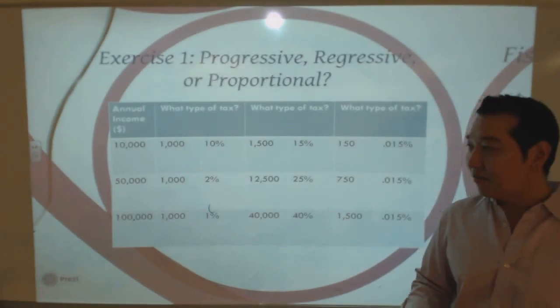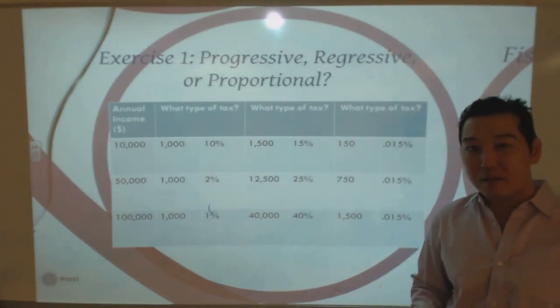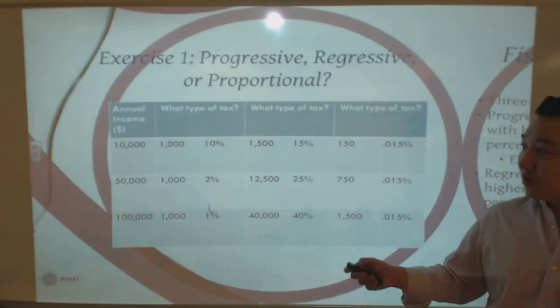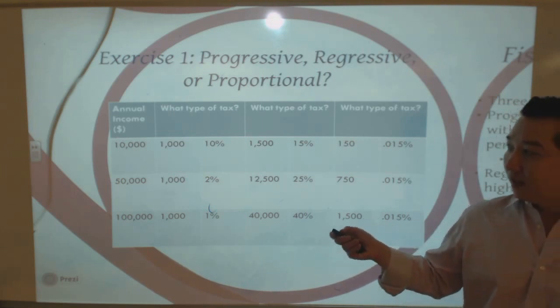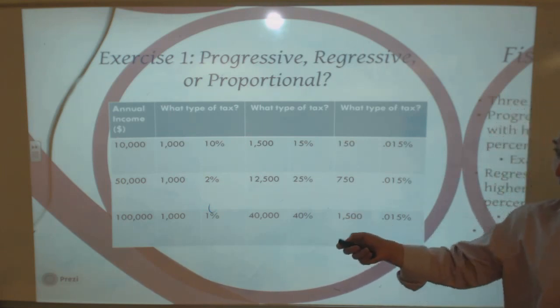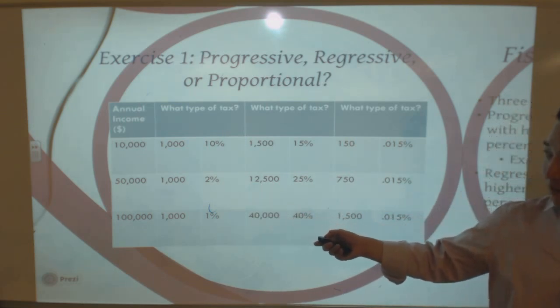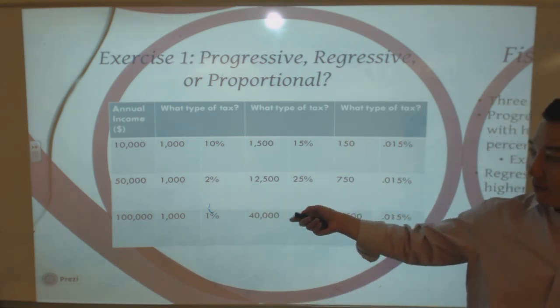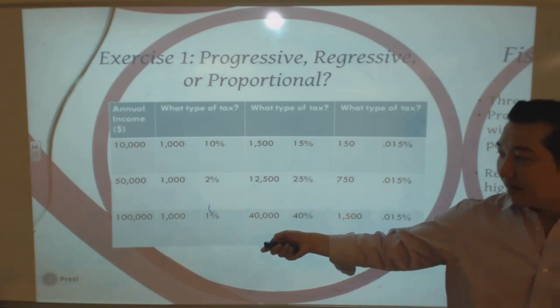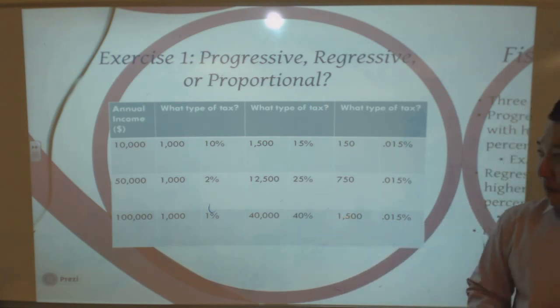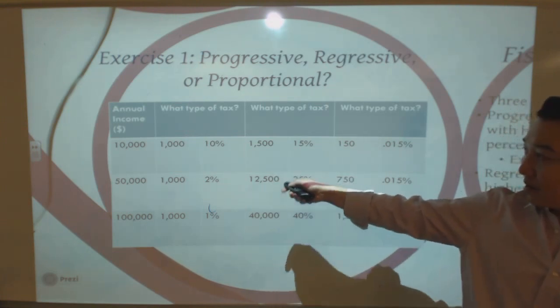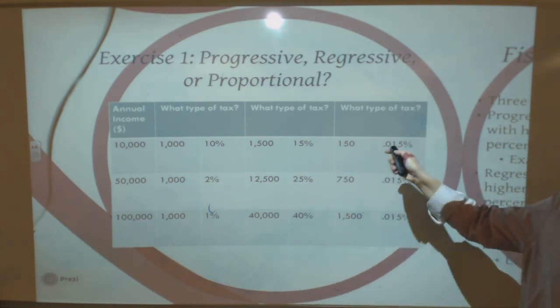So this is from Dolgoff. Behind me you see a tax table. Rows run east-west, right? We have three important rows, and they represent three different types of workers: the $10,000 worker, the $50,000 worker, and the $100,000 worker. Columns run north-south, and we have three different sets of columns.